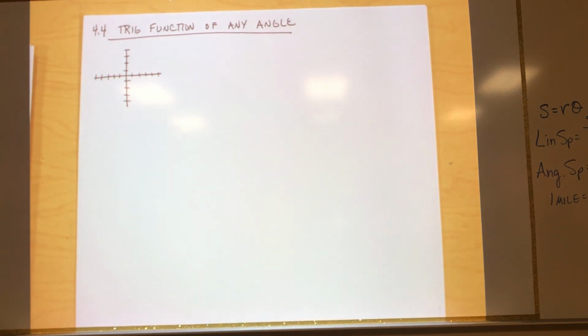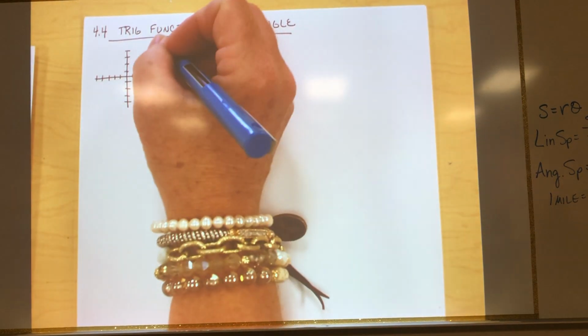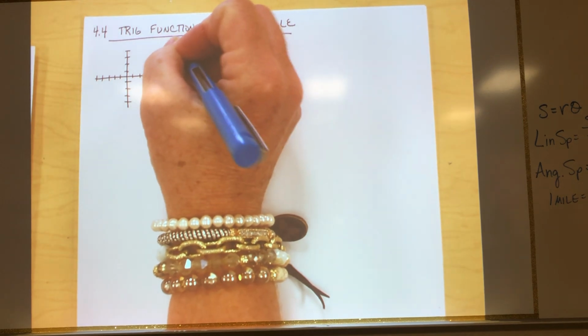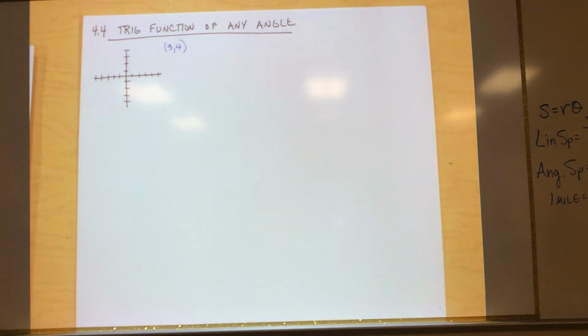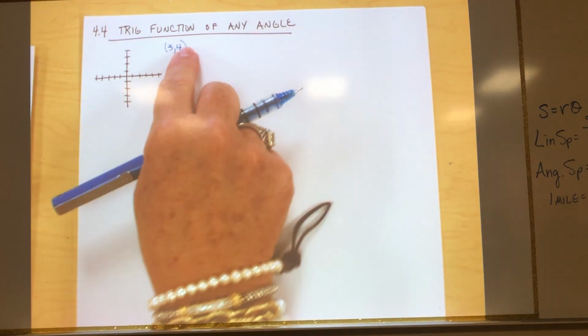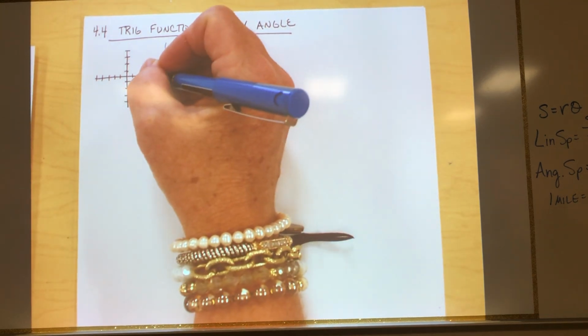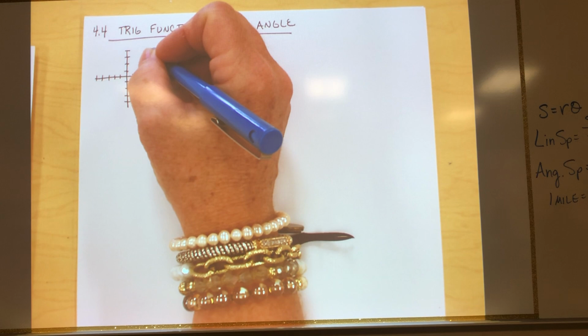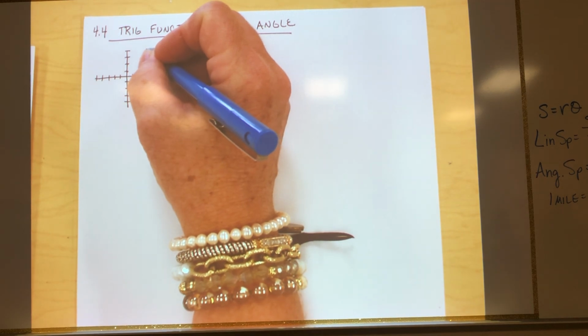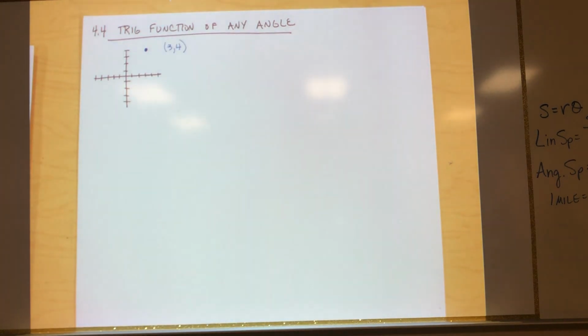Let's say that I plot the point 3, 4. Okay, 3, 4. So this is like, remember we called it T. Do y'all remember that? Yes? Okay, so I'm going to plot it. Right 3, up 4. So here he is. That's the point 3, 4.